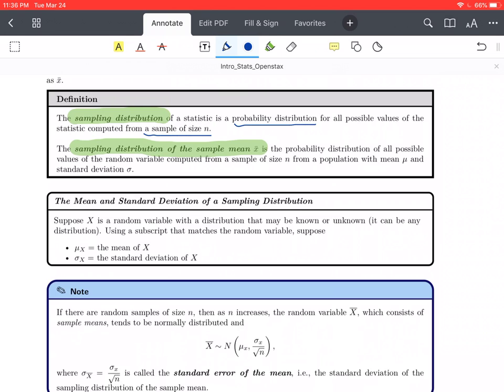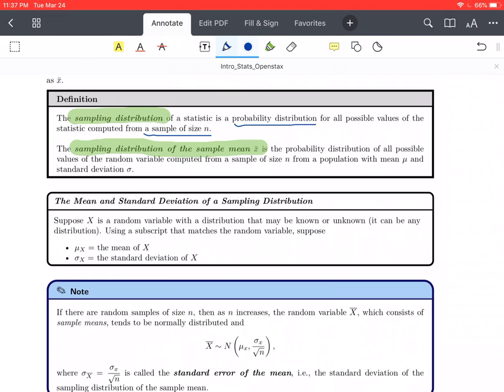Well, if I were to grab a different 100 people, my sample mean might be different, right? And if I grabbed another different group of people, my sample mean, again, would be different. So these sample means are changing. They have some variety within them. We can look at how these sample means are all distributed, how they're spread out over many, many different samples. This is what we're going to be looking at in this section.